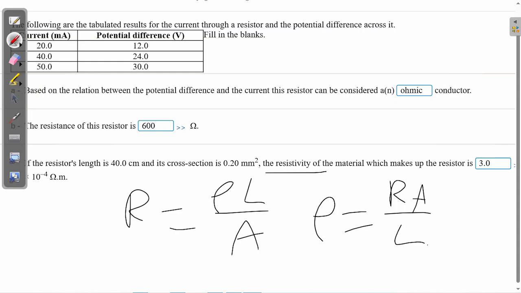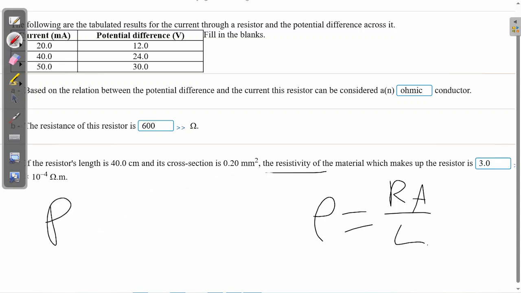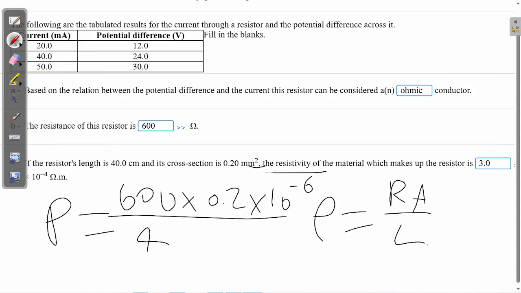Okay, so resistivity will be equal to the resistance 600 times the cross section 0.2 times 10 to the power of negative 6 because millimeter is 10 to the negative 3 squared, times 2, over the length is 40 times 10 to the negative 2 because it's in centimeters.